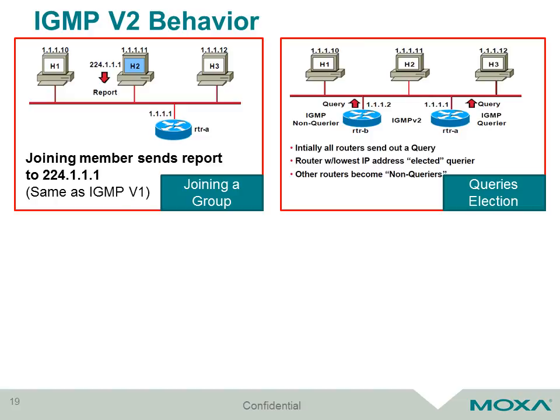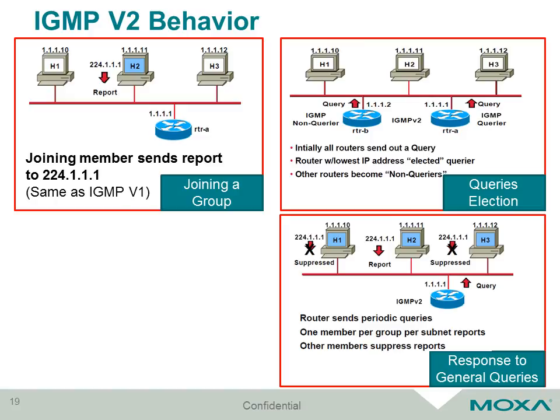Initially, all routers send out a query, the router with the lowest IP address is elected as the querier, and the rest of the routers become non-queriers. The third diagram shows how hosts respond to general queries, which is the same as IGMP V1 behavior.